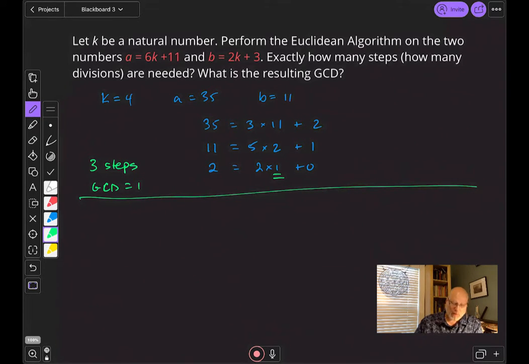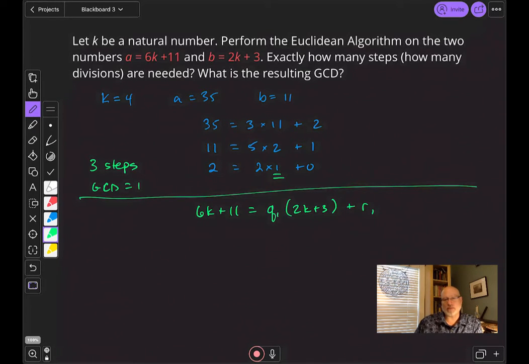This time I'm going to start with 6k plus 11 equals, and for the moment I'll put in q sub 1, because I know there's some quotient there, times 2k plus 3 plus some remainder.